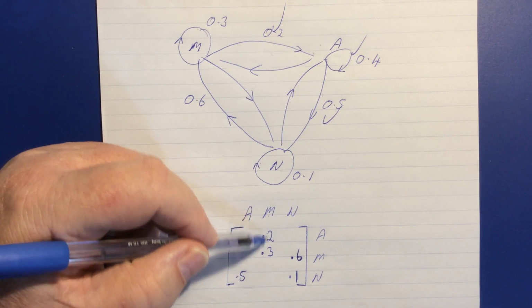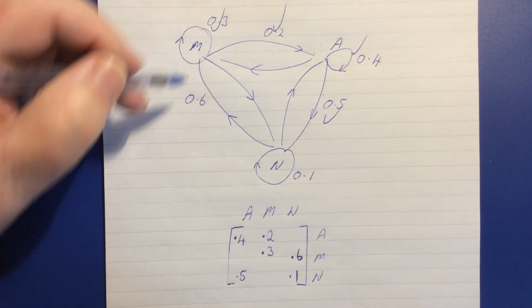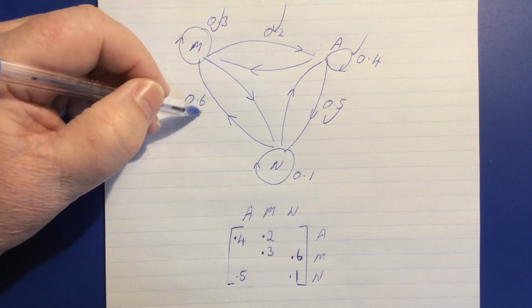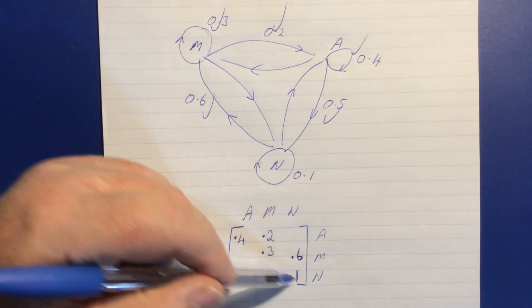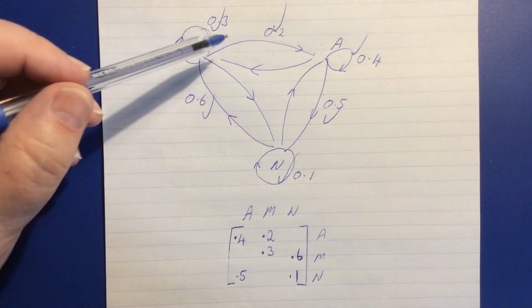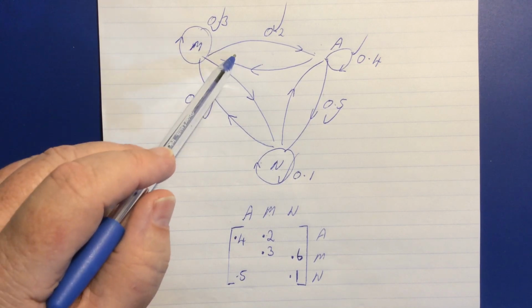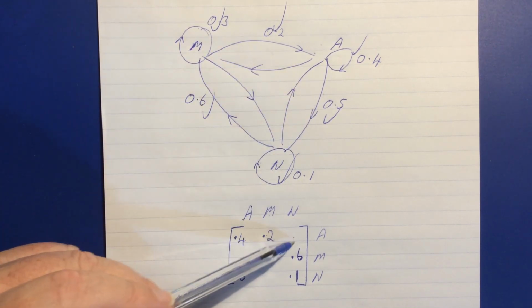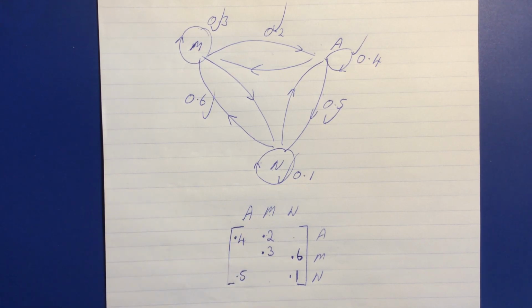M to M, 0.3, done. N to M, 0.6, done. N to N, 0.1, done. Okay, so what does that leave us? Well, it leaves us all this material in here, and we have 1, 2, 3 numbers missing.